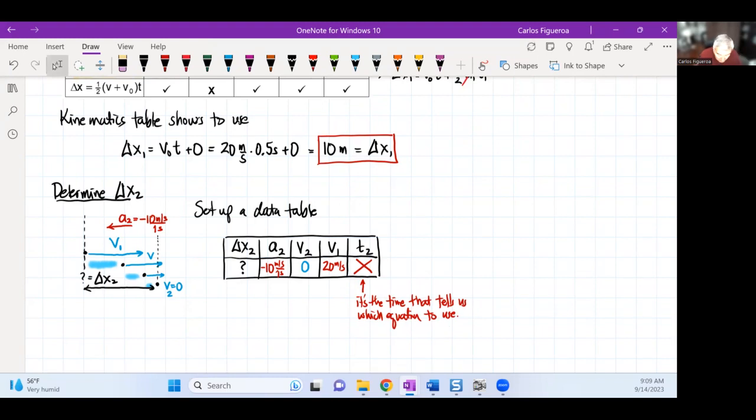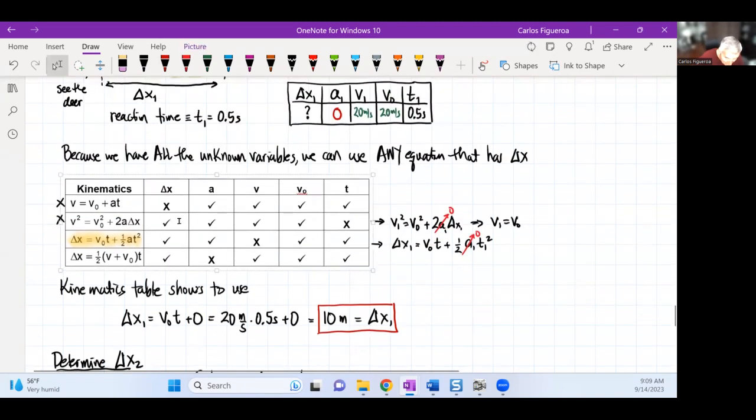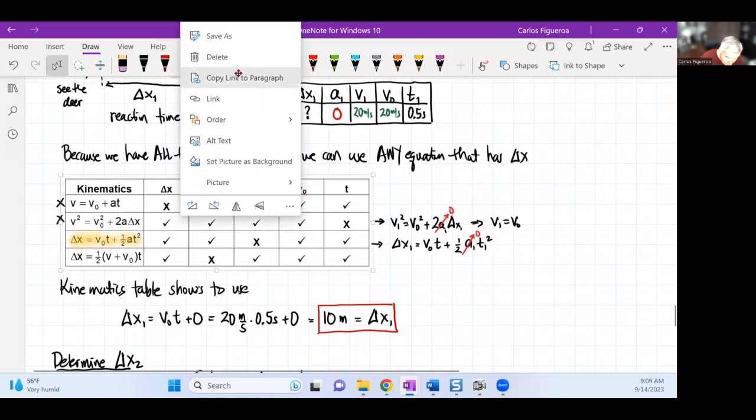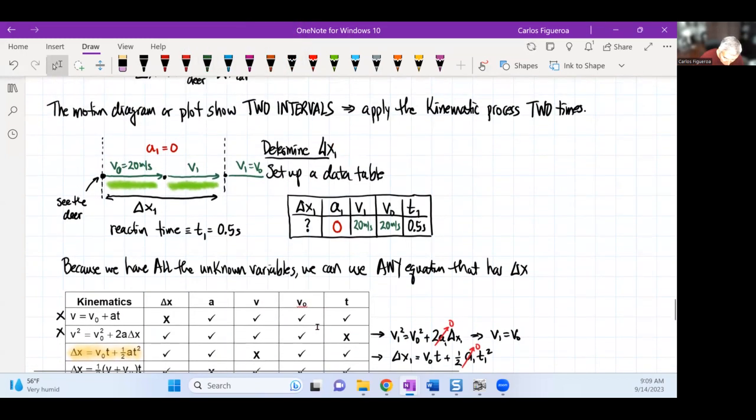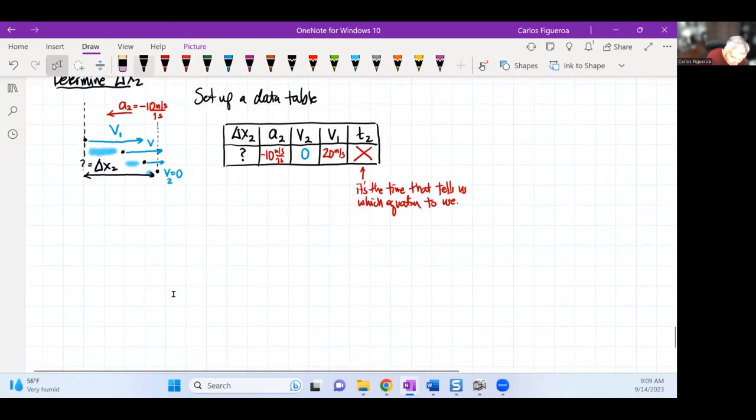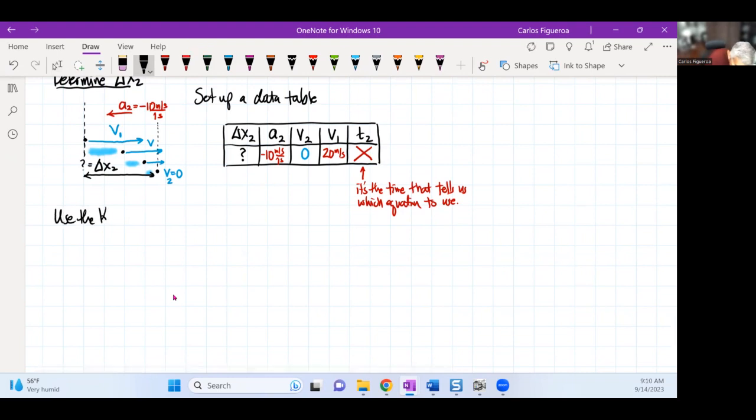So here I go. Now let's look at the kinematics table. So if I bring my kinematics table here, I'm going to use the kinematics table to pick the correct equation.